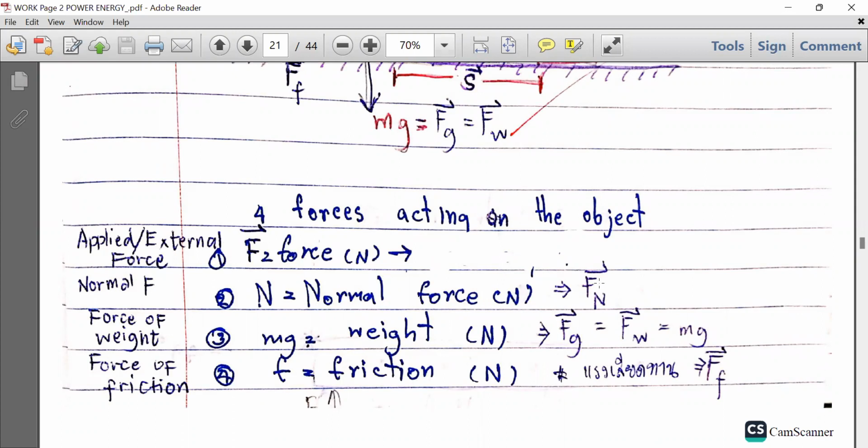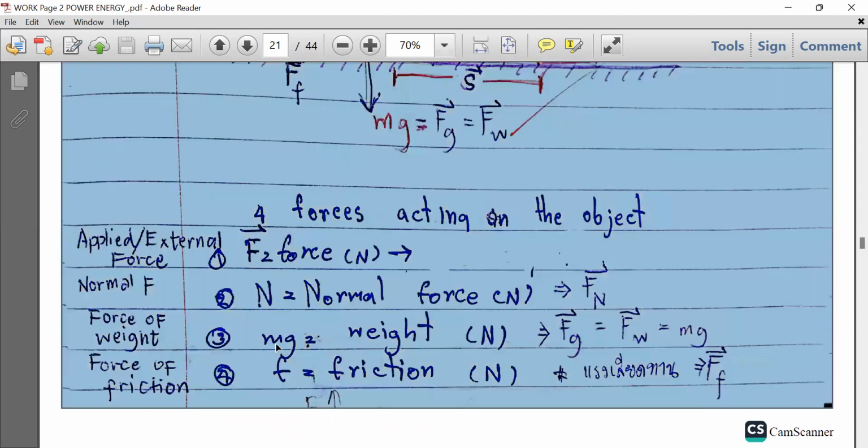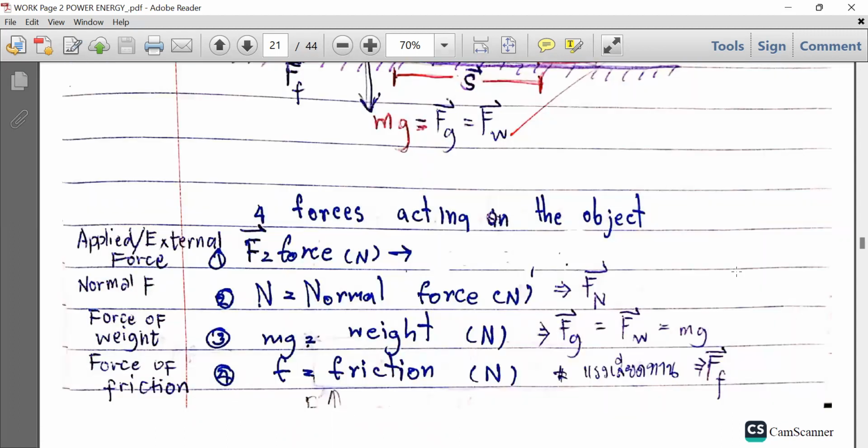N, let's write that as Fn, F sub n, the normal force. And the weight, let's write it as force of weight or Fw. And for friction, let's use the symbol Ff, force of friction or frictional force. All of these are in units of Newton.